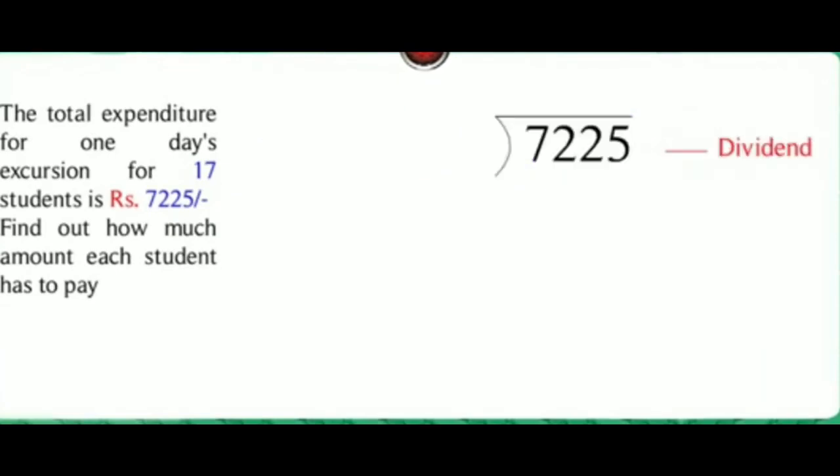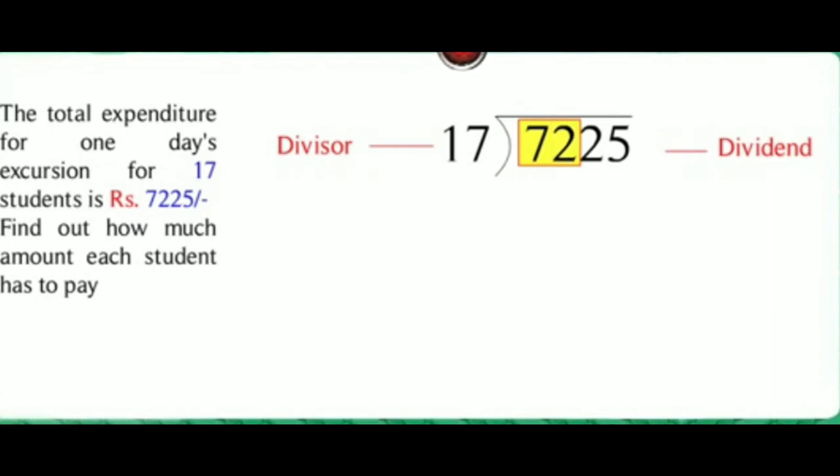Now let's see the division. Now let us divide. We divide with 17, that is the divisor, into 7,225, that is the dividend. First of all we see the place. The 7 is not divisible by 17, so we take another number, that is 72 in the hundreds place.